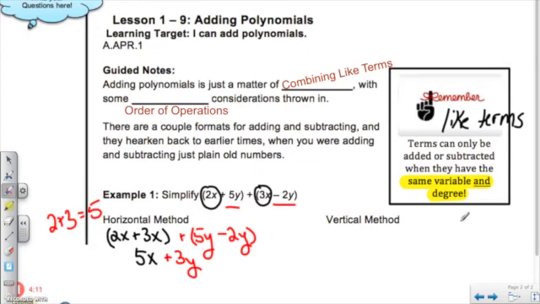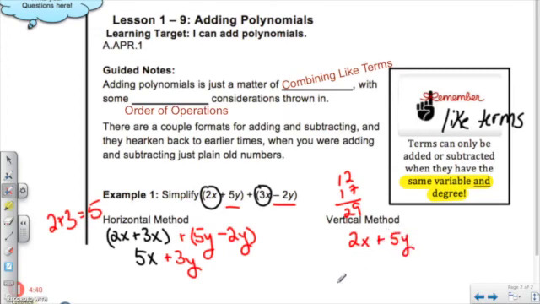The vertical method, once things got more complicated, and you had 12 plus 17, then you made sure your ones place was on top of each other and added those, and then made sure your tens were on top of each other and added those. So we're going to do that with the vertical method. What it says is line these polynomials up so that your like terms are stacked on top of each other.